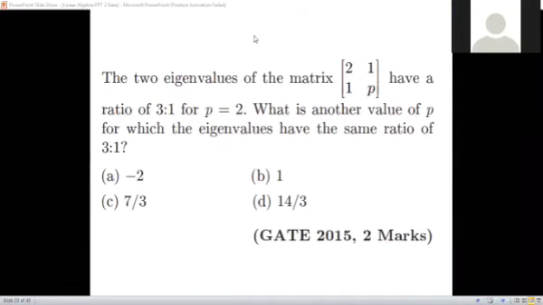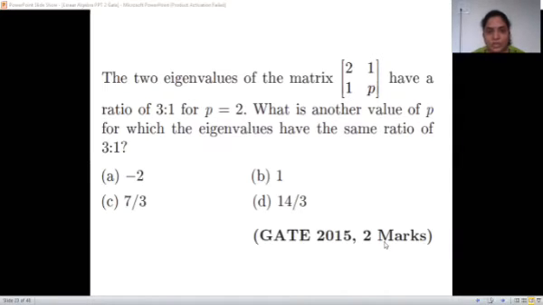Solving. Option B. Yes, B. You are saying 1. If p is 2, have we found the eigenvalues?